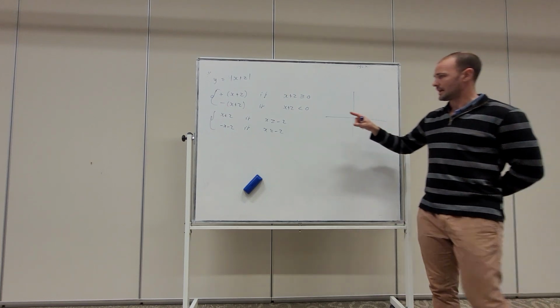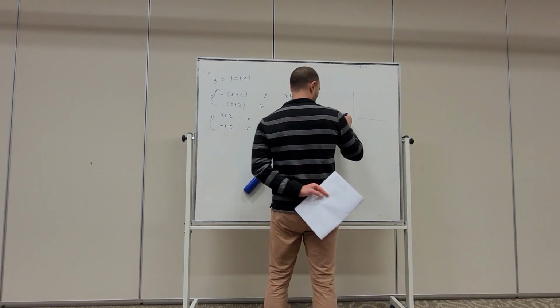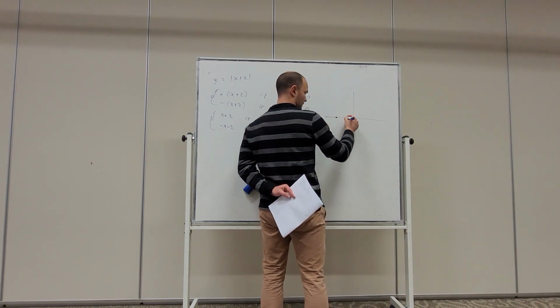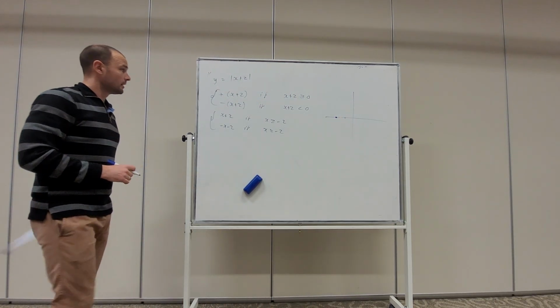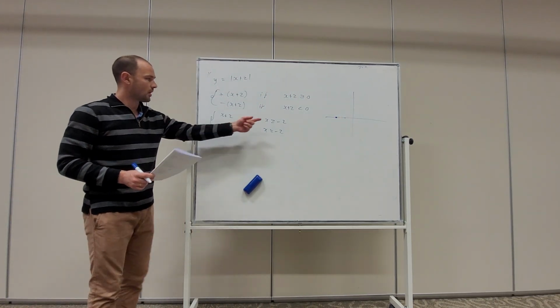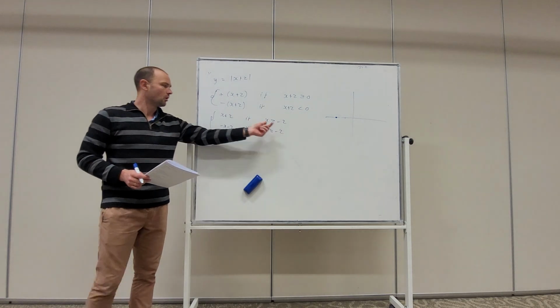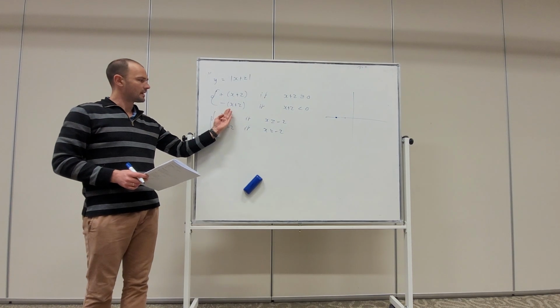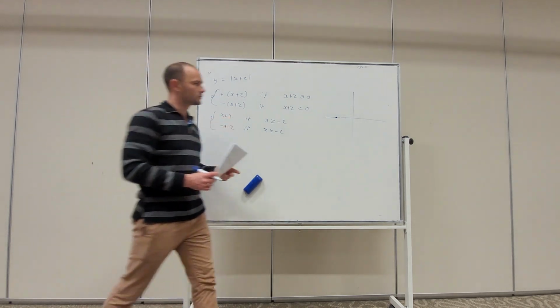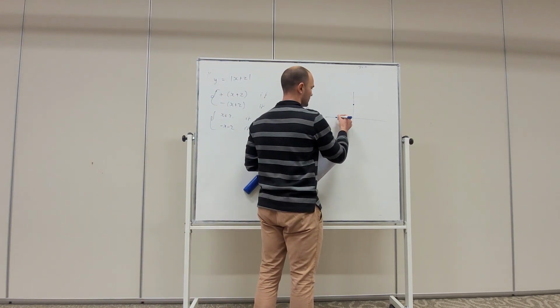So x equals minus 2, that's going to occur here somewhere. So I'll go x is 1, x is 2. Now for x larger than minus 2, we have the function y equals x plus 2. That's the equation of a line that has a slope of 1 and a y-intercept of 2. It's going to look like this.